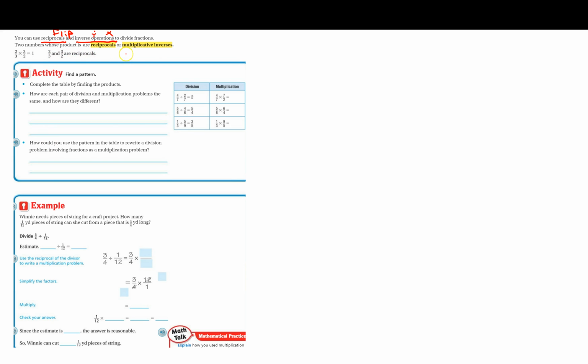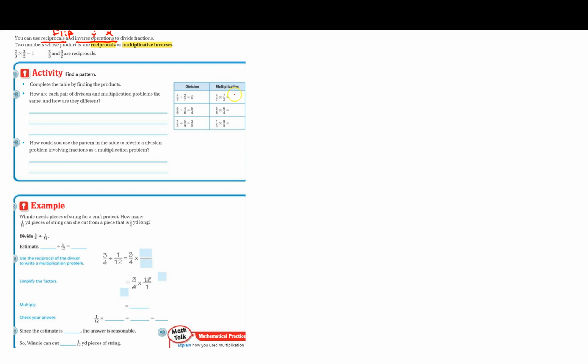Two numbers whose product are reciprocals or multiplicative inverses. So let's go ahead and complete this chart here under the activity. Find a pattern. Complete the table by finding the products.